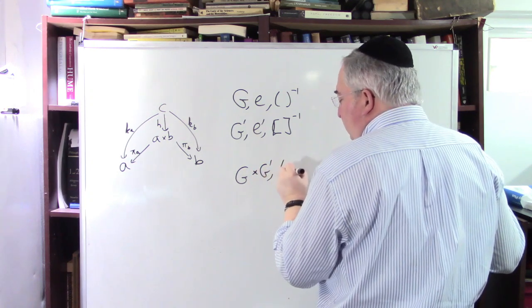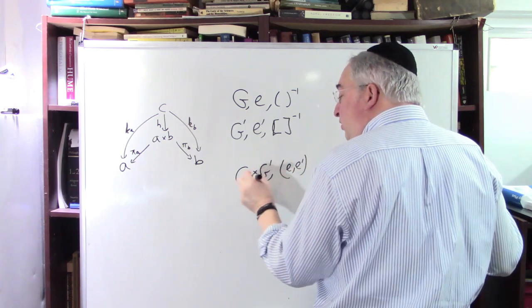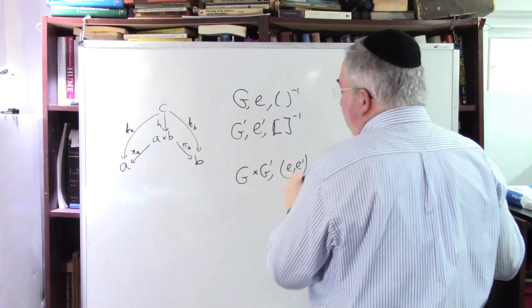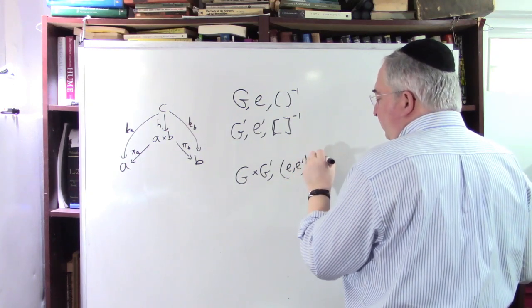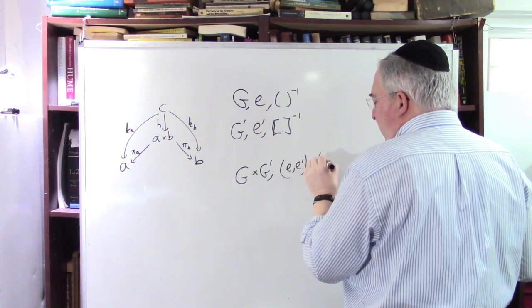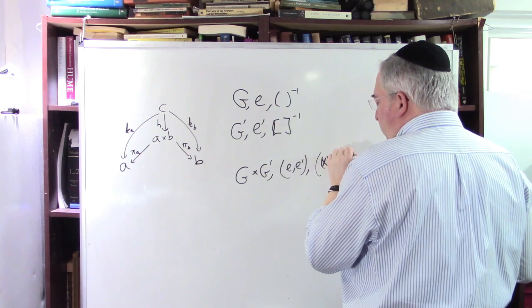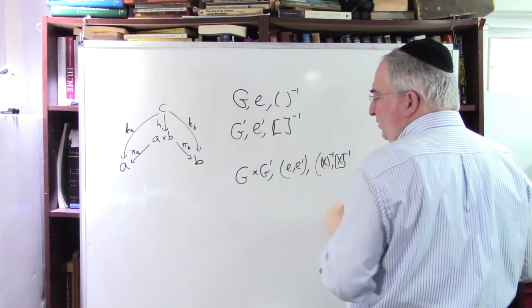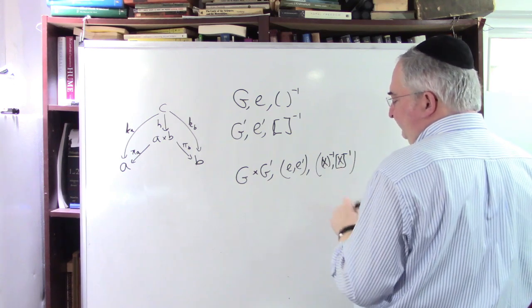The identity is E comma E prime. So the objects are pairs of objects, one object from here, and the inverse is pairs of inverses. So, I don't know, x minus 1 comma x minus 1, something like that.